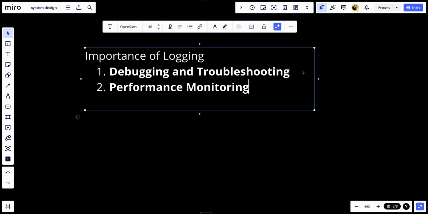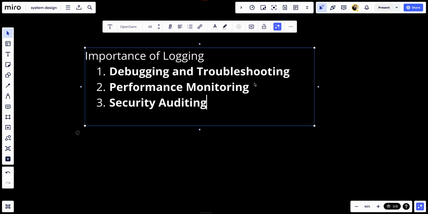Number two, performance monitoring. By analyzing logs, you can identify performance bottlenecks and understand the behavior of the system under different conditions.